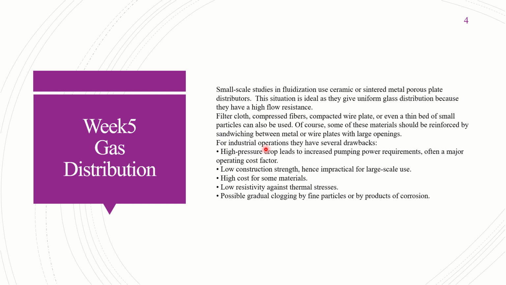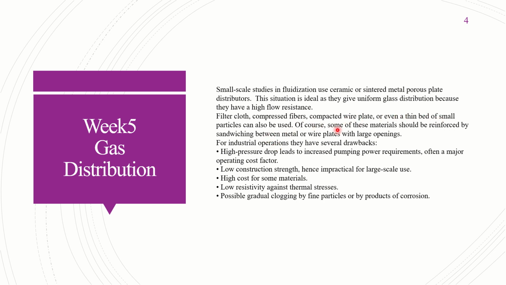So for example, in small scale studies in fluidization, we use ceramic or sintered metal porous plate distributors. This situation is ideal as they give uniform gas distribution because they have high flow resistance. And filter cloth, compressed fibers, compacted wire plate, or even a thin bed of small particles can also be used.